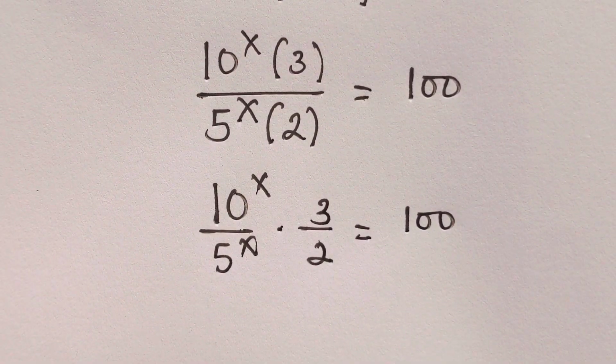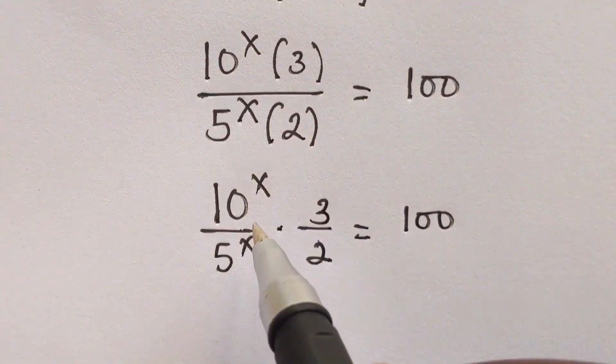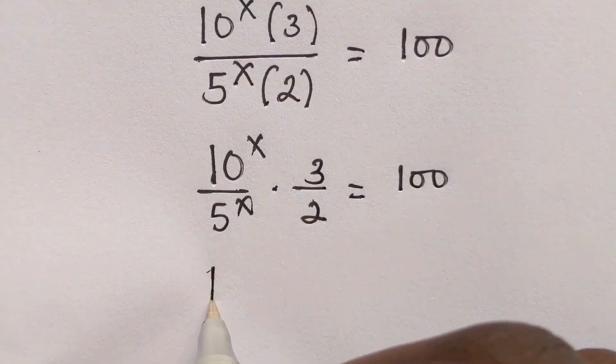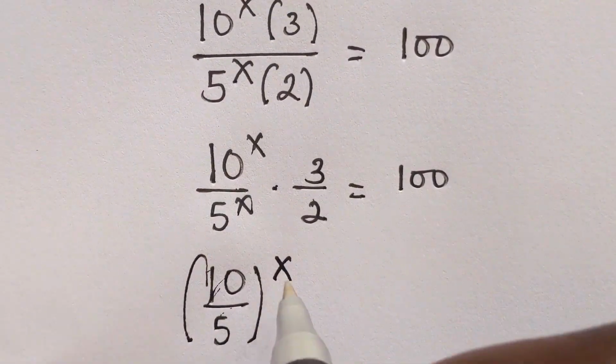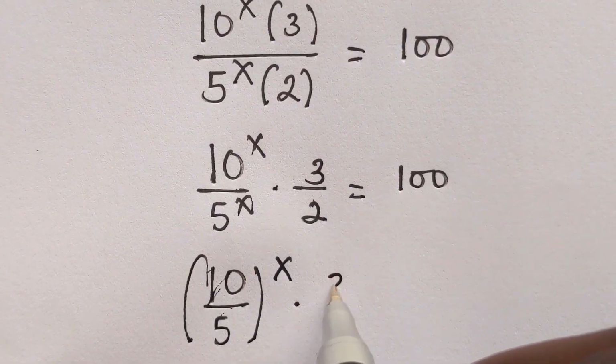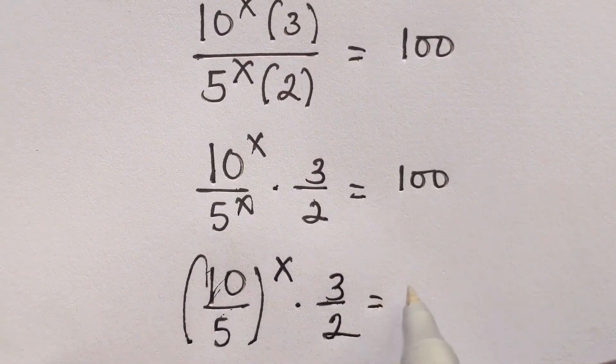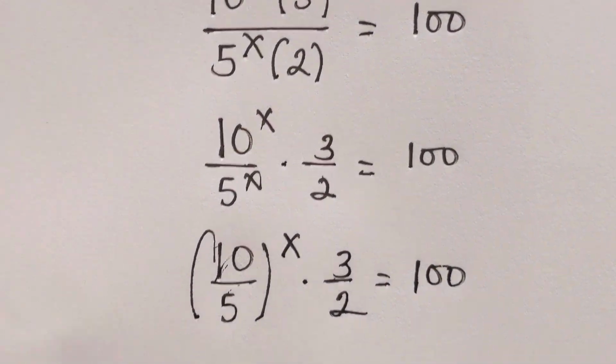Because we have the same power, this will be (10 over 5)^x times 3 over 2 equals 100.